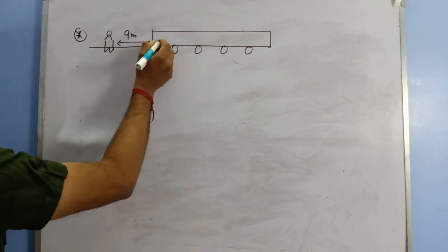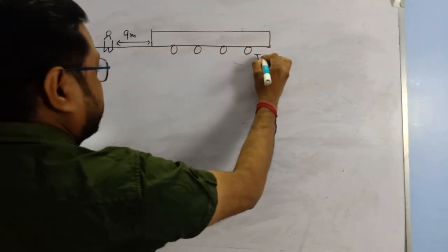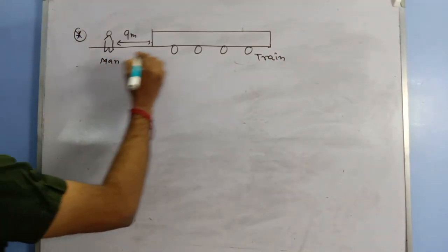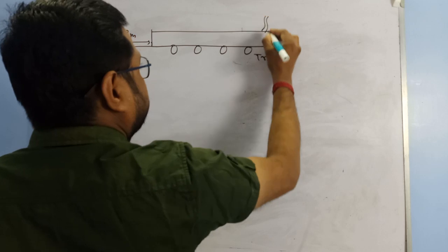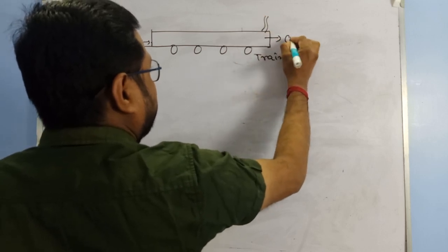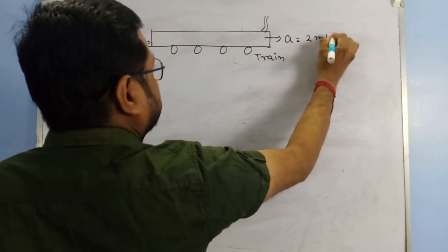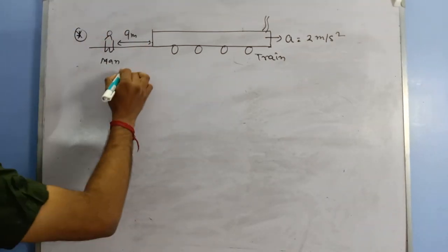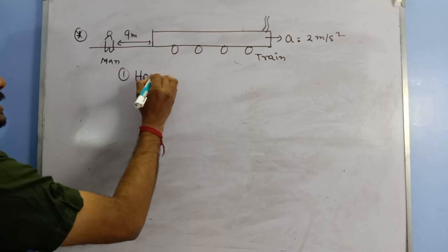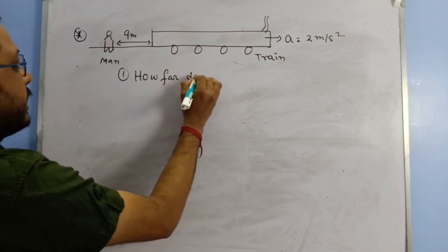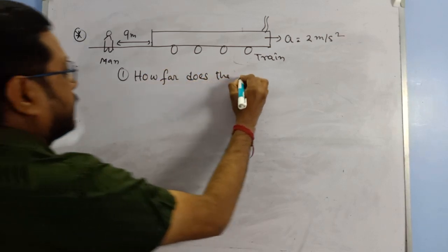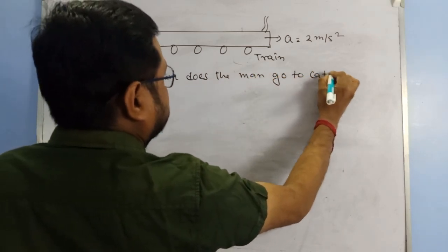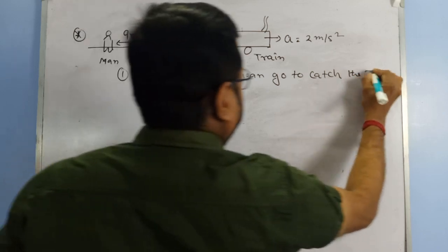The distance between the train and the man is 9 meters, and the train leaves the station with an acceleration of 2 meters per second square. So our question is, how far does the man go to catch the train?